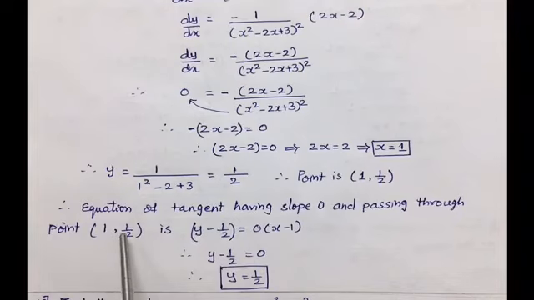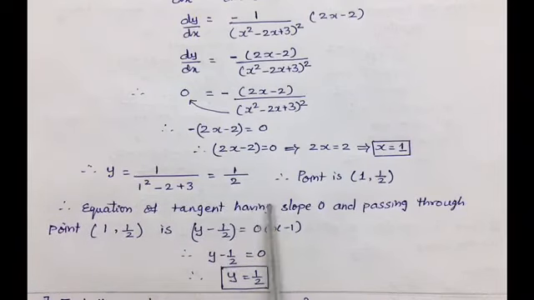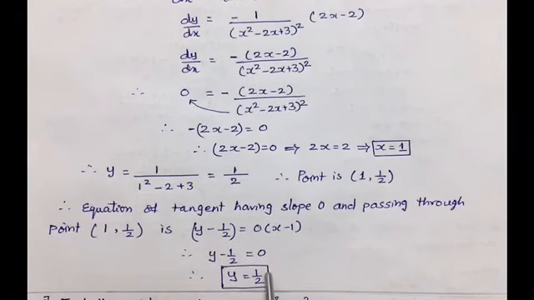Now to calculate equation of tangent, slope is known and point is known. Using the point slope form, y minus y0 is equal to slope times x minus x0. So keeping the value of y0 as half, x0 as 1, we get y minus half equal to 0 times x minus 1. Now 0 into x minus 1 is 0. So y minus half equal to 0 and y equal to half is the equation of tangent.